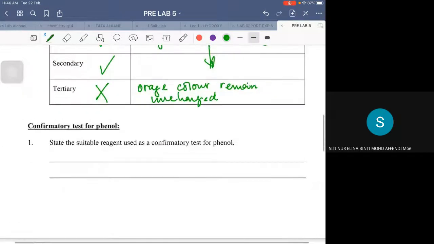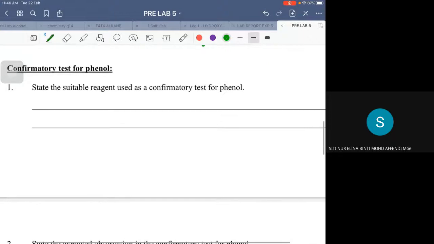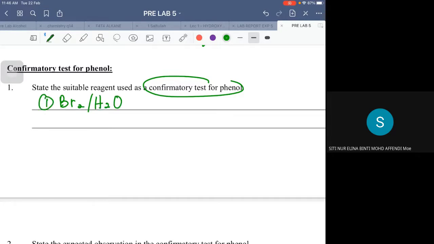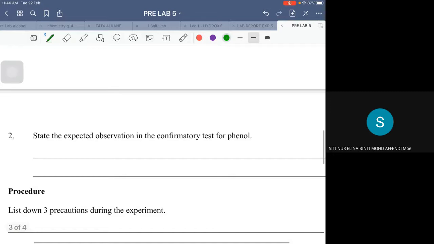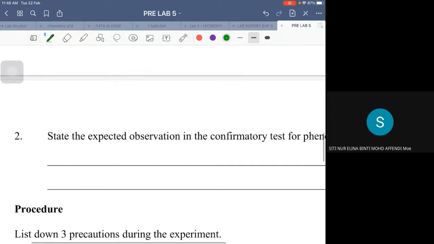Next, state the suitable reagent used as a confirmatory test for phenol. Okay, boleh gunakan bromine water atau gunakan FeCl3. State the expected observation for confirmatory for phenol. Okay, kalau kita gunakan ini phenol lah. Saya tunjuk equation terus.